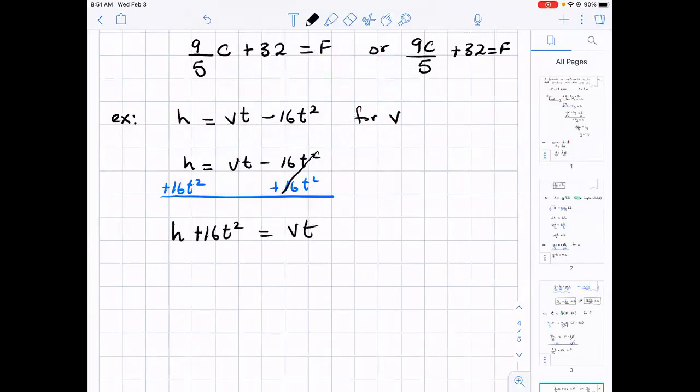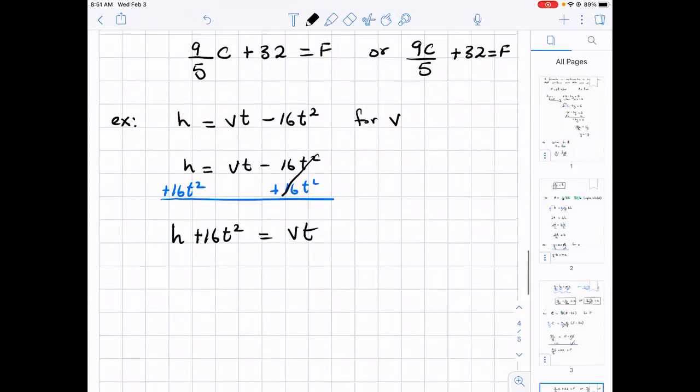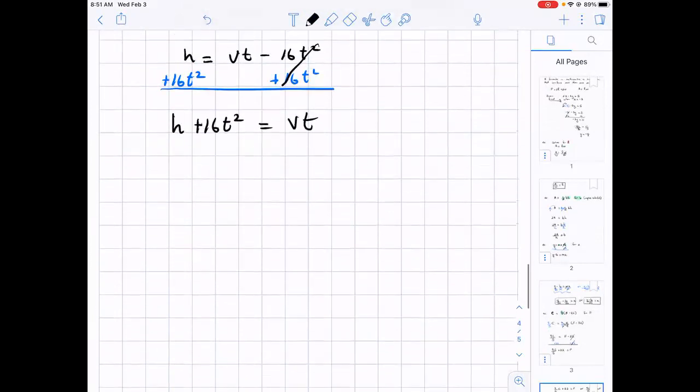This becomes 0. Okay. Remember I said before, whatever is next to the v, that's what we leave for last. So now we can move the t, okay? And if I move that t, we have h plus 16t squared is equal to vt. To move that t, what I said before, we will divide each term by t.